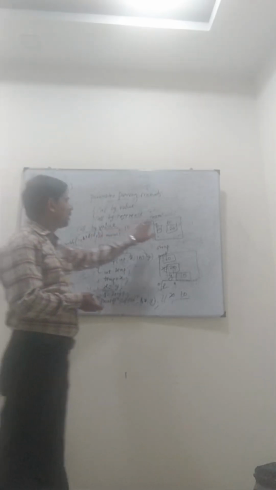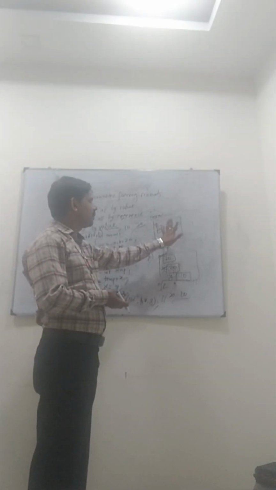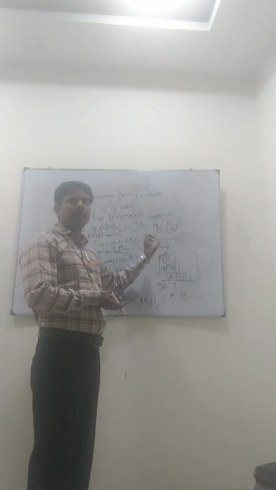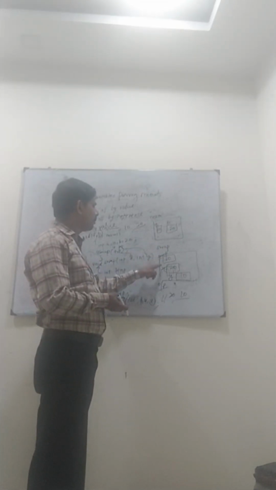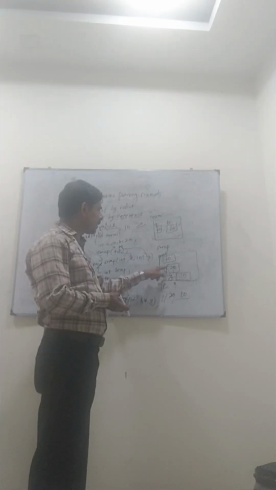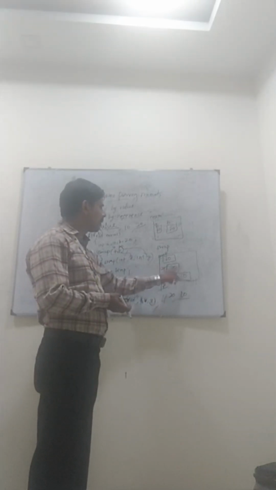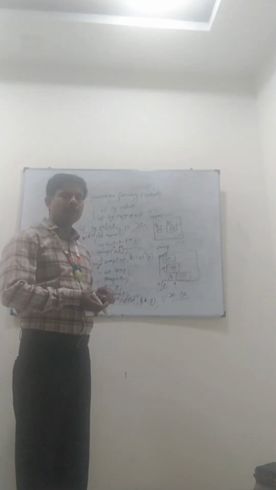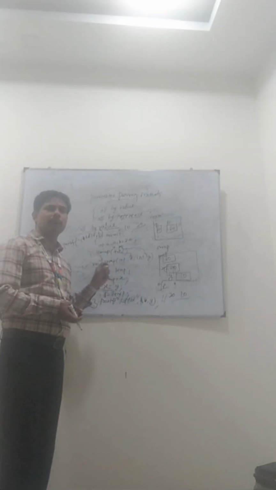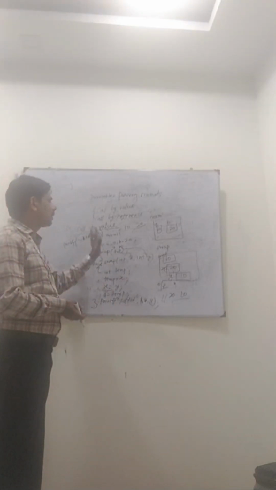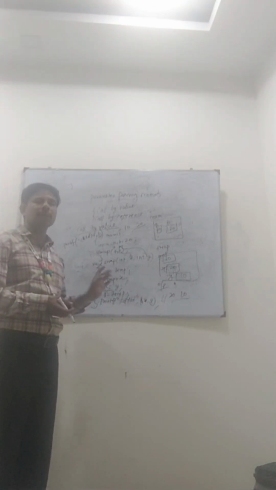The main program's a value and b value always remain the same, a value 10 and b value 20. Only in the subprogram, x value becomes 20 and y value becomes 10. So in call by value, changes made in the subprogram will not reflect in the main program. This is the call by value.